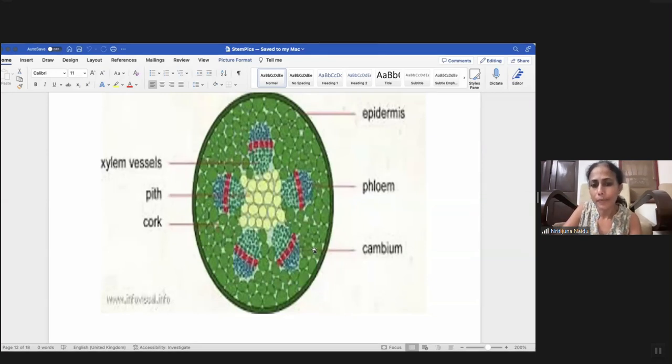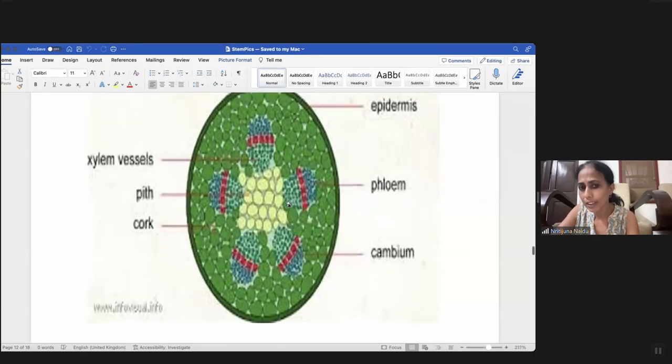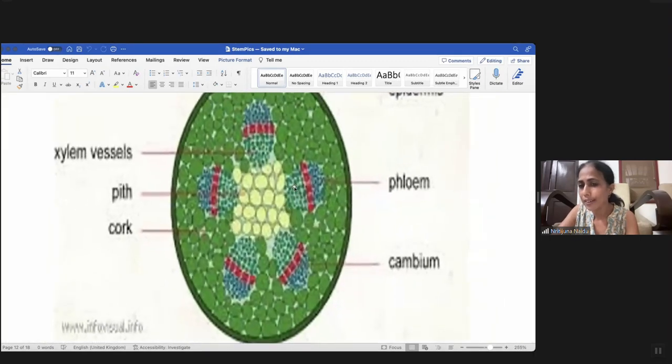So if you look at it here, the outermost layer is called the epidermis of a plant. But if it's a woody plant, then it is the bark, right? Then you have the food pipe, which is called the phloem, just after the bark. And the green spots here, those are the xylem vessels, which is the part that carries water. They're inside.